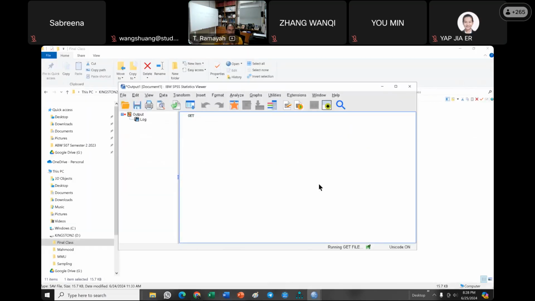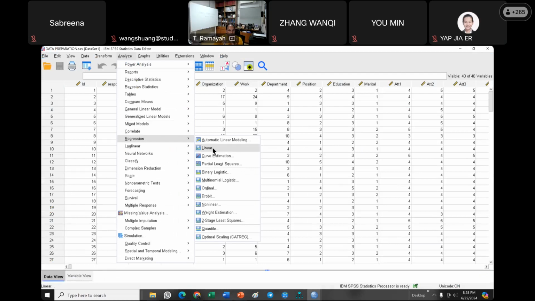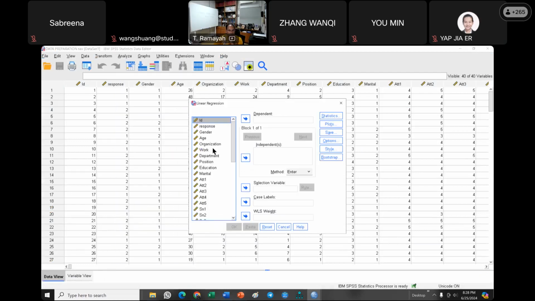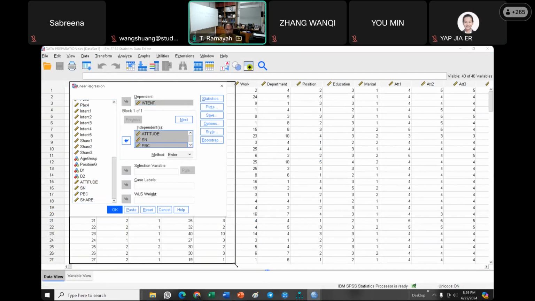Okay, so we will run Analyze, Regression, Linear Regression. The dependent variable in the data I shared earlier, these are the 3 variables. So we have 1 dependent variable and 3 independent variables.